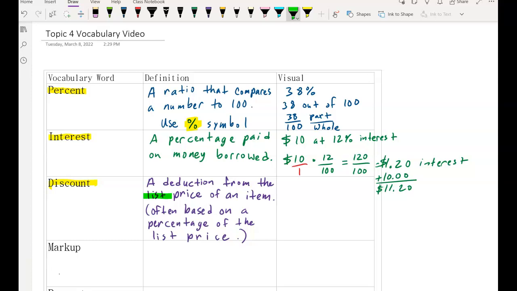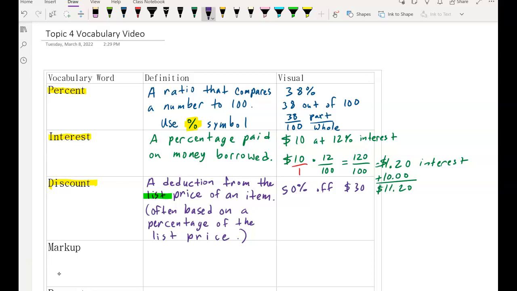Sometimes a discount is like, oh, they're taking $5 off. But oftentimes we're taking 30% off the price or 50% off. Let's say an item costs $30. So 50% off $30.